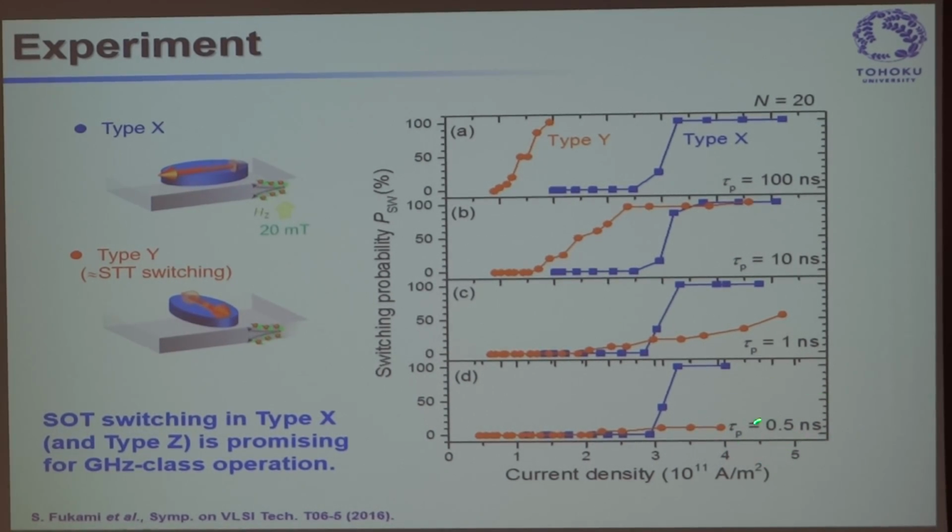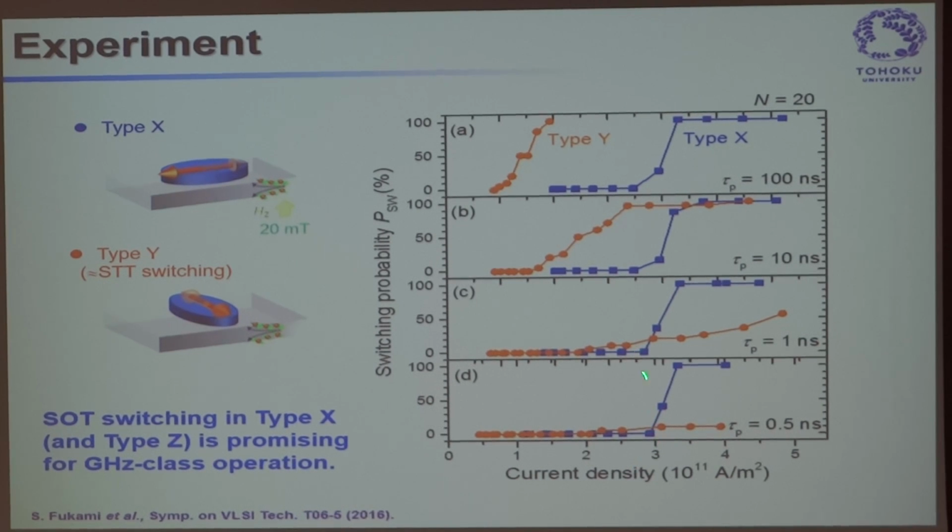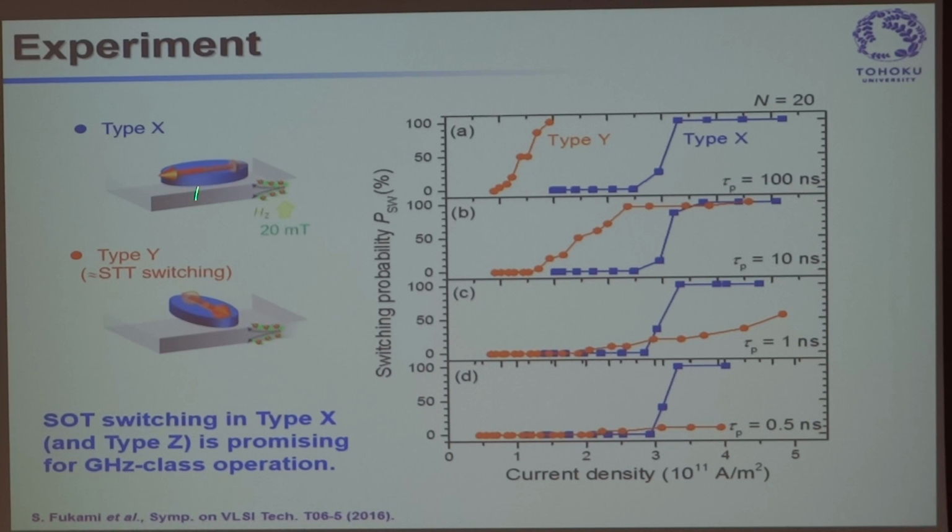At 500 picoseconds, you can barely see switching in type Y, but you can still see a very similar switching current density for type X. So this is what I actually expected from simulation.